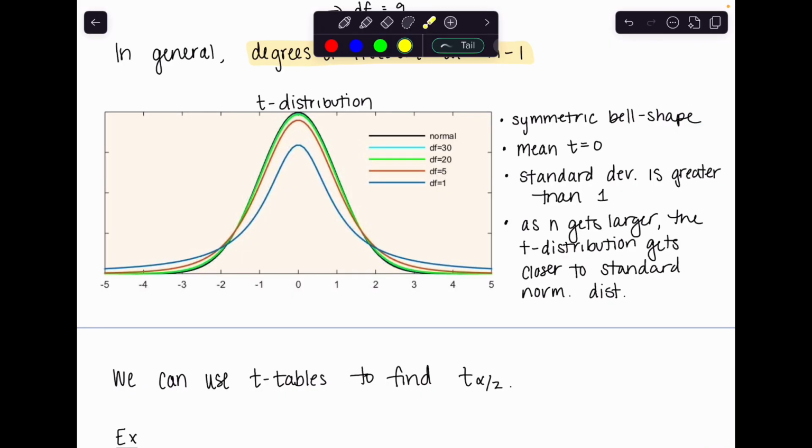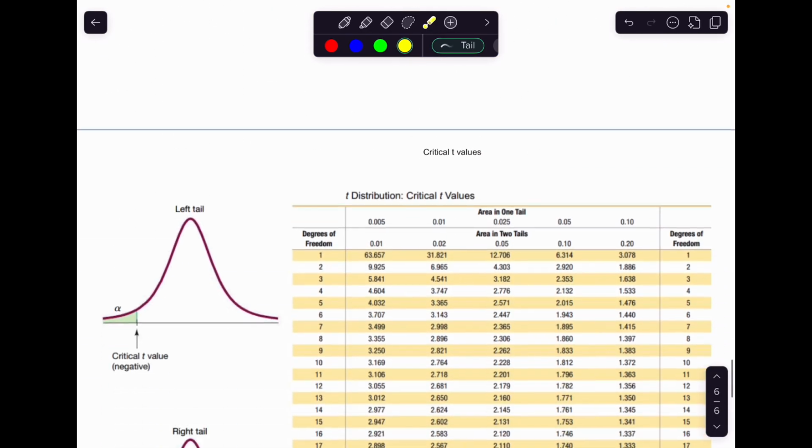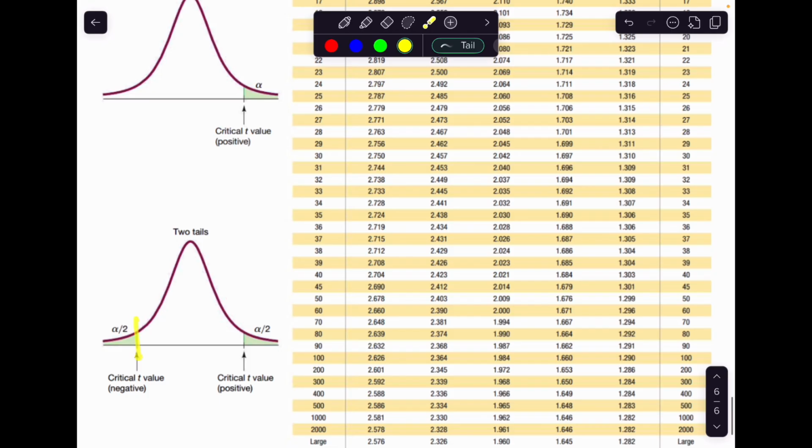So I'm going to scroll to the actual t-tables first, and we will do an example with this. But again, this is not stuff you're expected to know off the top of your head. You're going to be given these tables. So often we're going to be looking at the area in 2 tails, because that's going to be the case where we have t of alpha over 2.